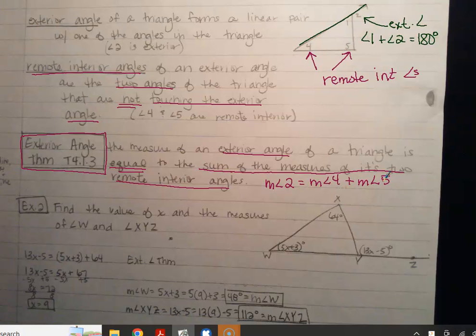Okay, because all 3 angles in a triangle equal 180 degrees, and the sum of these 2 angles equals 180 degrees. It's like using the transitive property. But that's what it's saying: this exterior angle is equal to the sum of the 2 remote interior angles. And that's going to be necessary and helpful in example 2.